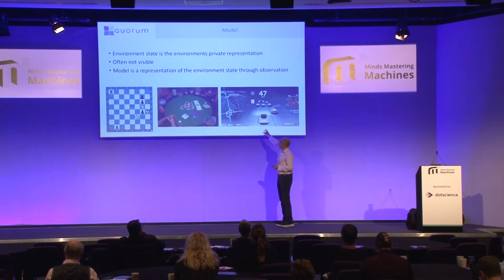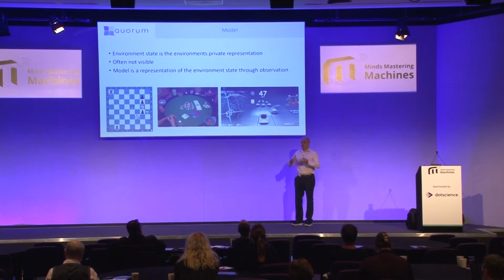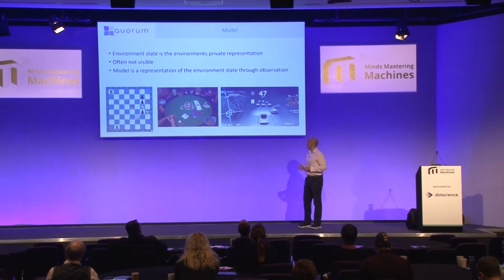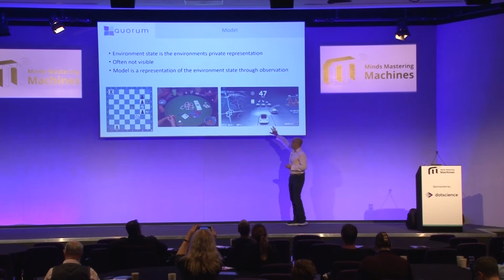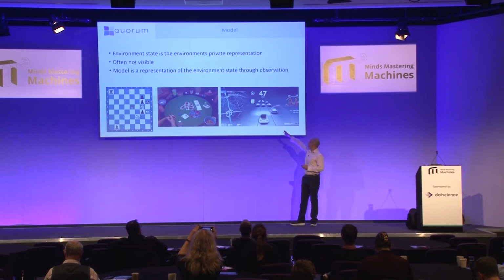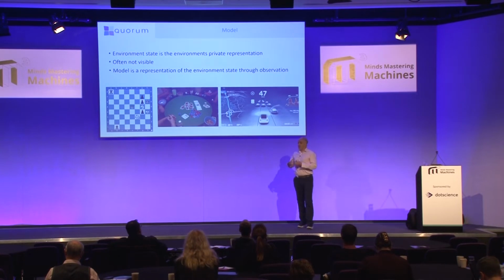And likewise, some kind of self-driving car, it doesn't have a full model of the entire globe that it's driving around in. It builds a model that represents, potentially, the geospatial coordinates it's in, together with maybe some local sense of what lane the car's in and what other cars are kind of doing. So the agent has a model that represents the environment.